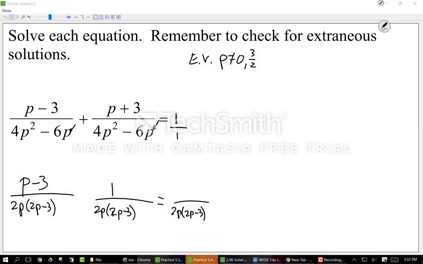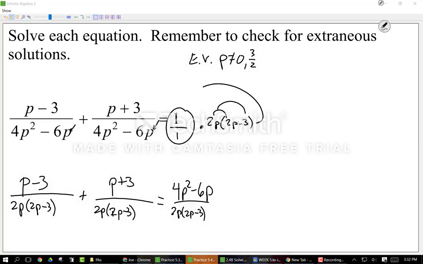This is the same, so that has to be a p plus 3. This was the only one that I changed. What did I multiply by? I multiplied by a 2p times 2p minus 3. That means my numerator is going to be 4p squared minus 6p, because I distributed this, and then I multiplied whatever that was by that 1, which gave me the 4p squared minus 6p.